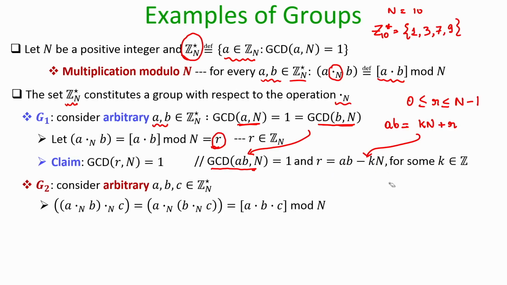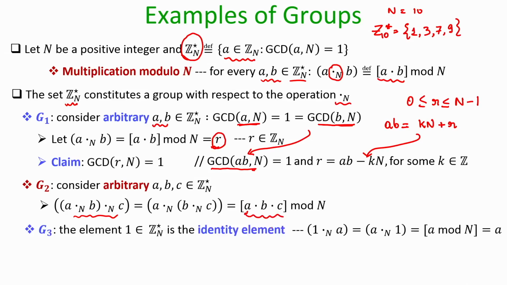Now, let us see whether the operation multiplication modulo n is associative or not, and it is associative, because if you take a triplet of integers a, b, c from Z n star, it does not matter in what order you perform multiplication modulo n, the result will be the same that you will obtain by multiplying a b c and then taking modulo n.